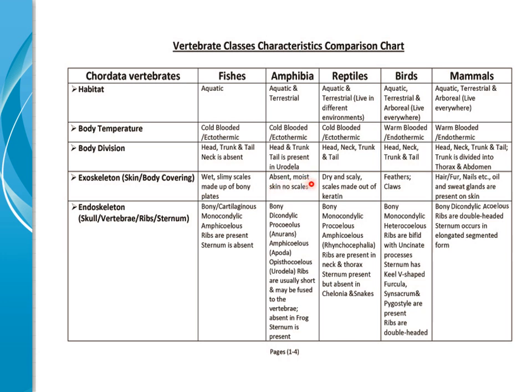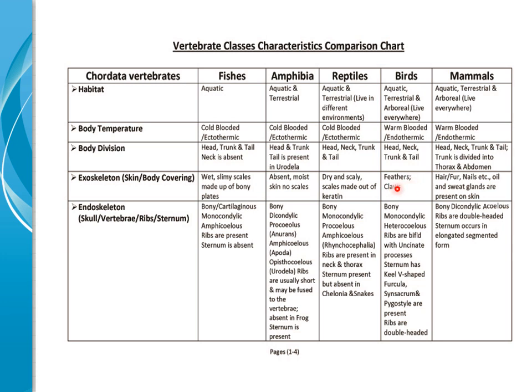In amphibia, the exoskeleton is absent, and the skin is moist with no scales. In reptiles, the skin is dry and scaly, and the scales in reptiles are made up of keratin. The exoskeleton of birds has feathers and claws.